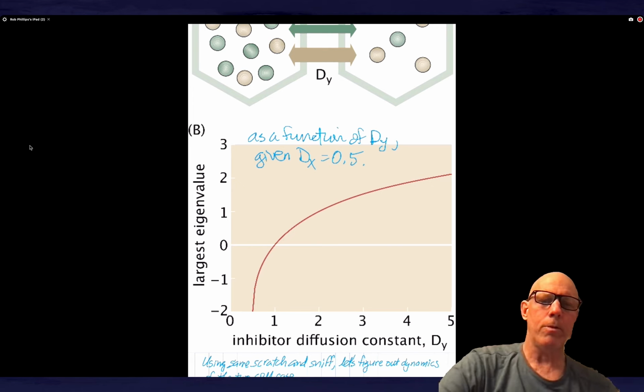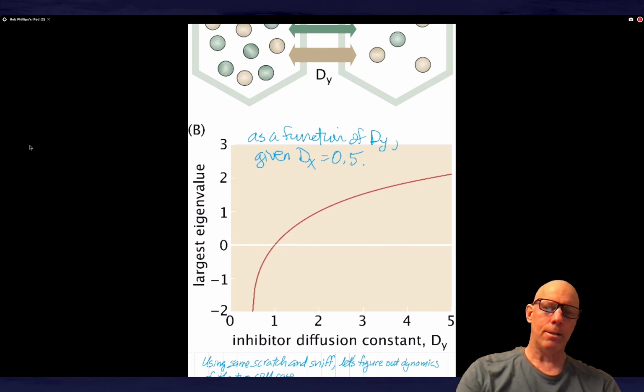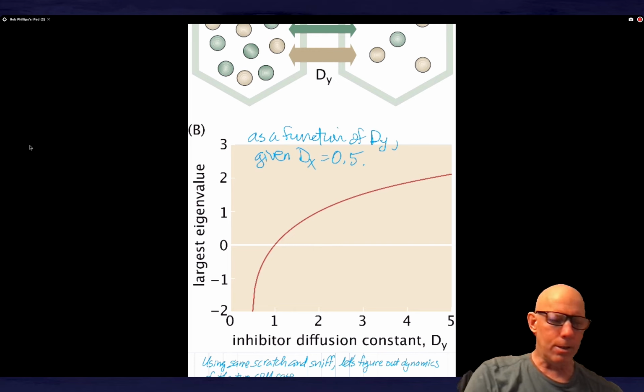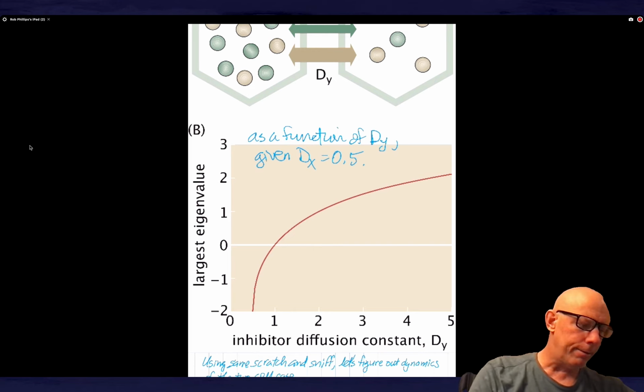In other words, we've already made a choice when we made this graph, and the choice is dx equals 0.5. And what you can see is that for dy greater than, I think it's 1, the system is unstable. That means it has an instability, and the heterogeneity, the perturbation, will actually grow.